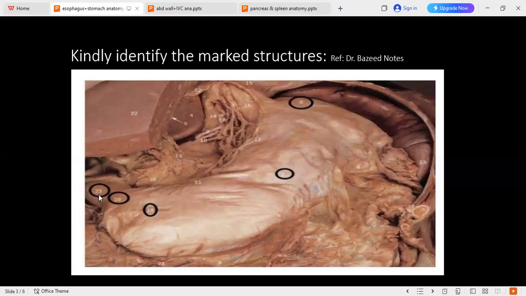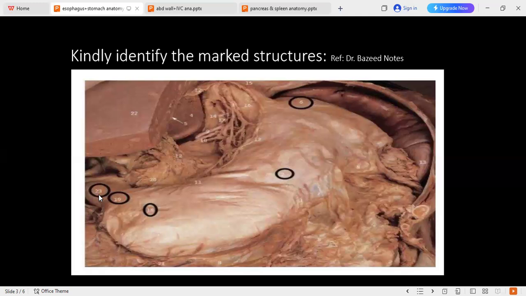Please tell me what are the relations of the bed of the stomach, the structures present in the back of the stomach, the back relation of the stomach? It's called the bed of the stomach.